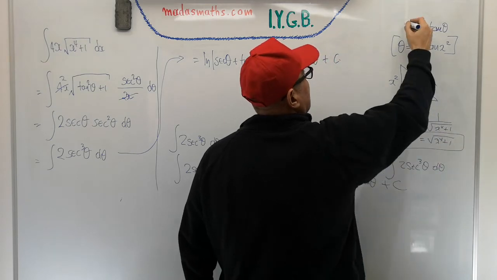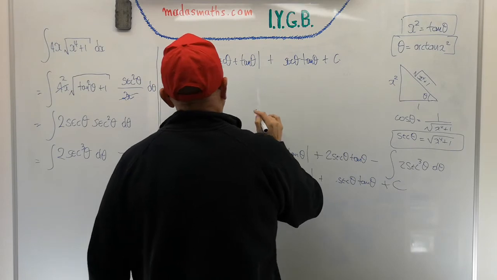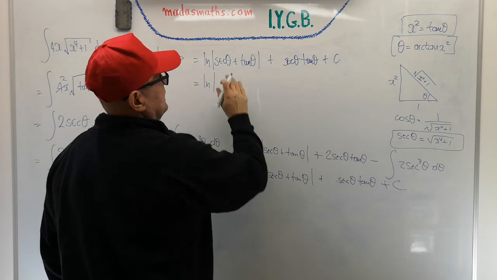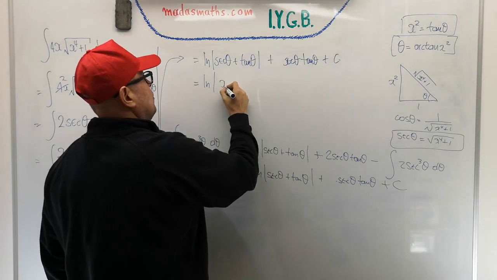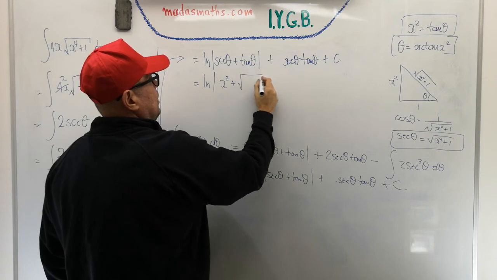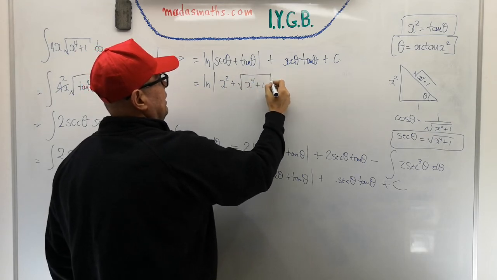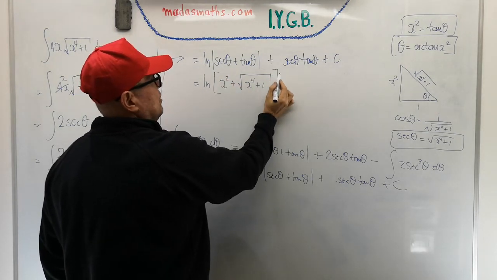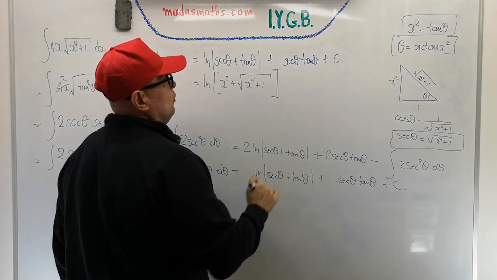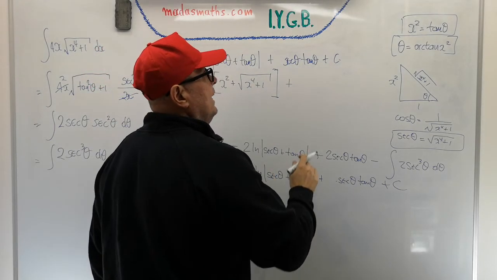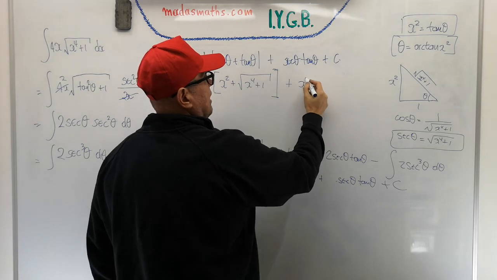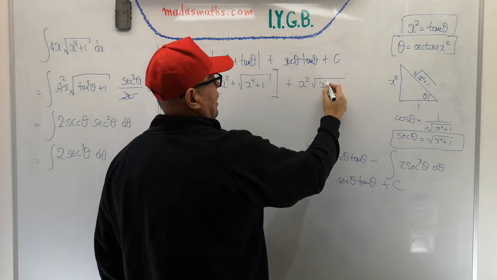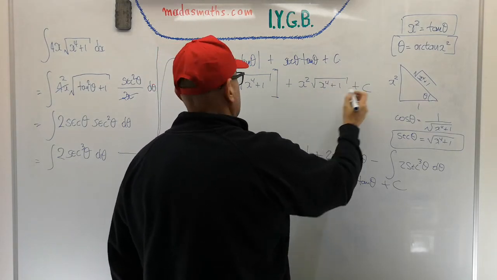So going back into my integrals, that's going to be the log of sec plus tan. I'm going to put the tan first, so it's x squared plus the square root of x to the 4 plus 1. I don't actually need mods for this one, just normal brackets will do because this expression is all positive. Plus sec times tan, and the sec times tan is, of course, my tan, x squared, and my sec is the square root of x to the 4 plus 1, plus c.